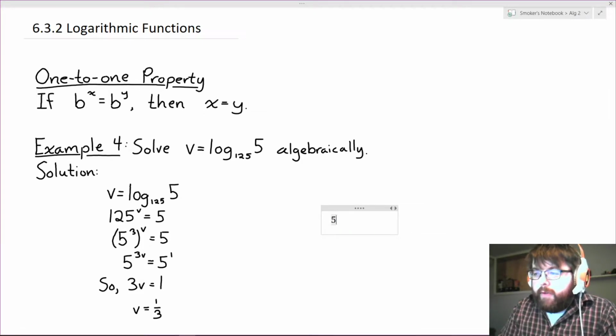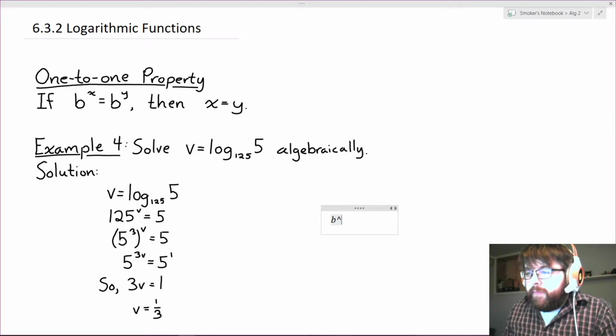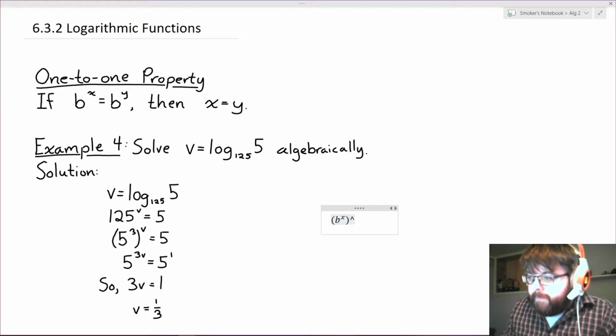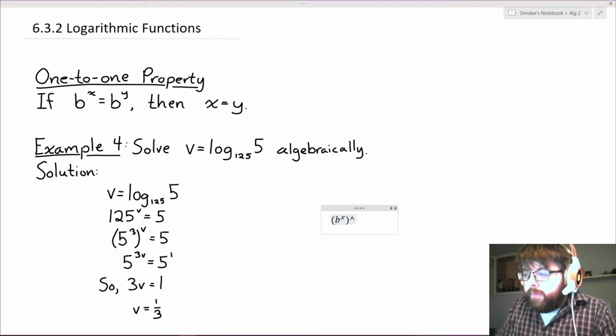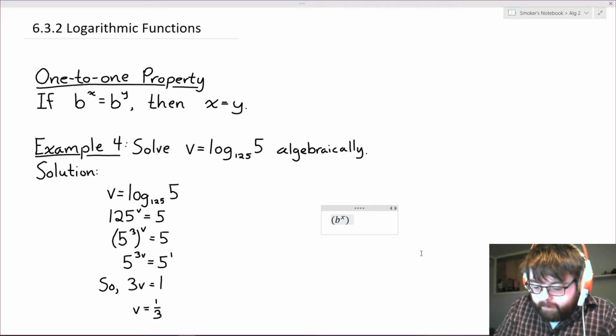So if I have base B, this is just a property of exponents, raised to the X, and I'm going to take that and raise it to the Y.